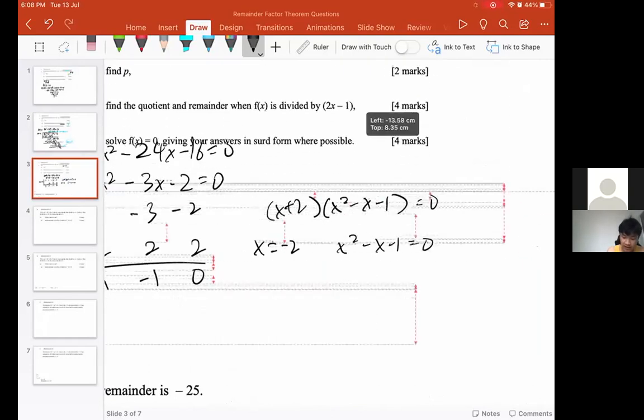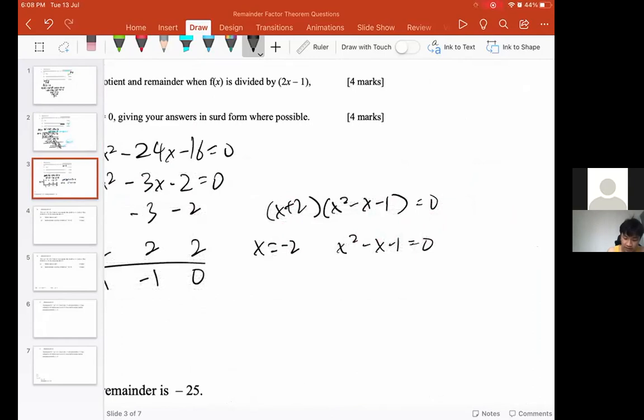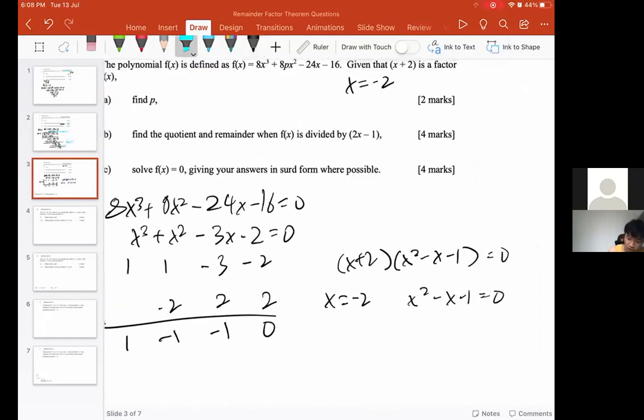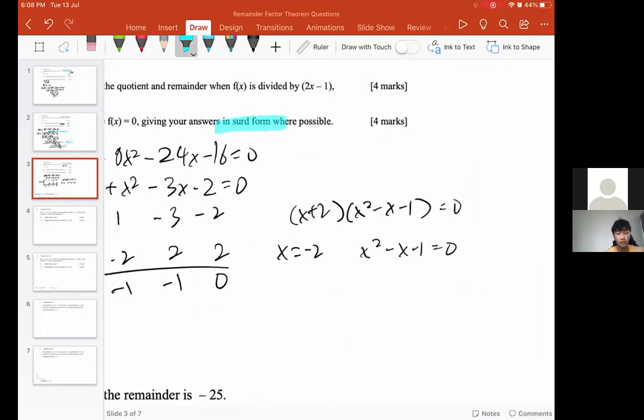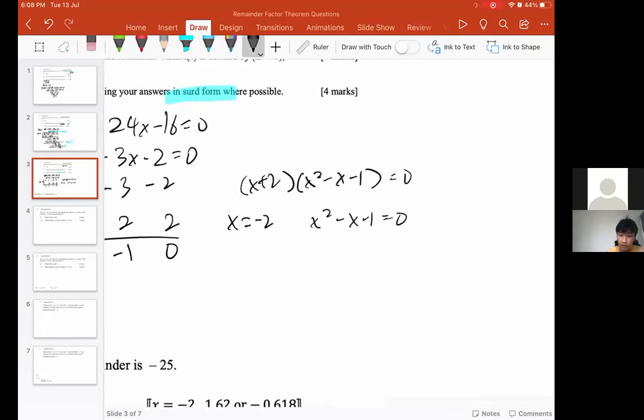So here they give us a hint. They tell us to give your answers in surd form where possible. So it is good that we have a non-factorizable form of an algebraic equation here where we cannot do any further factorization. Instead, what we can do is apply our quadratic formula, which is minus b plus or minus the square root of b squared minus 4ac, over 2a.